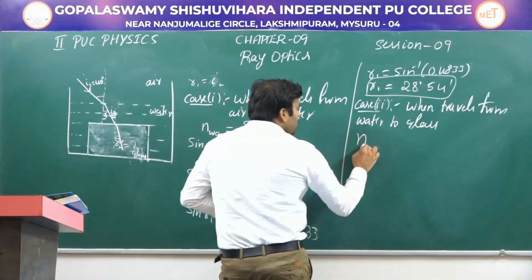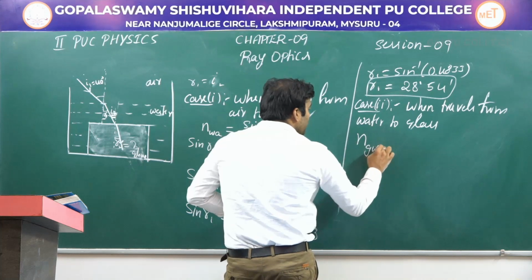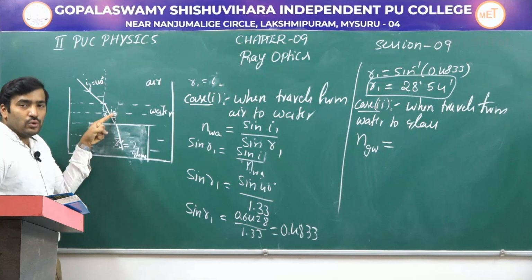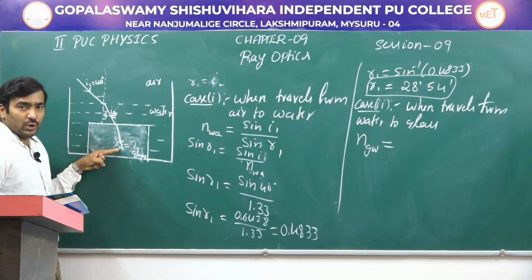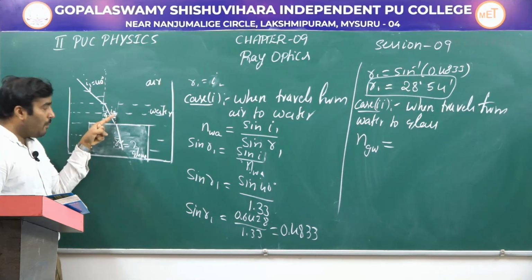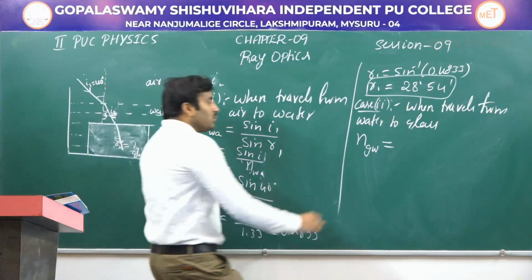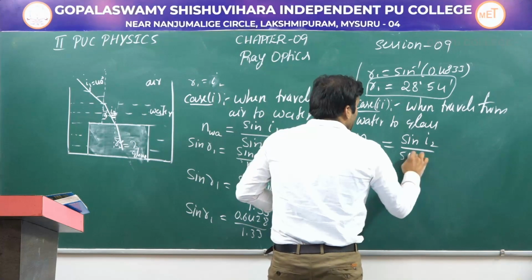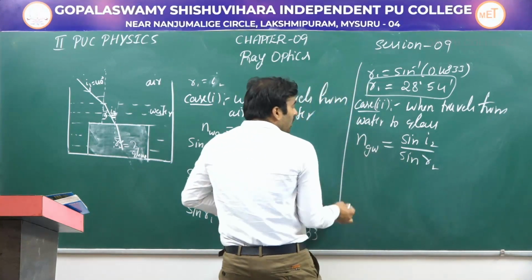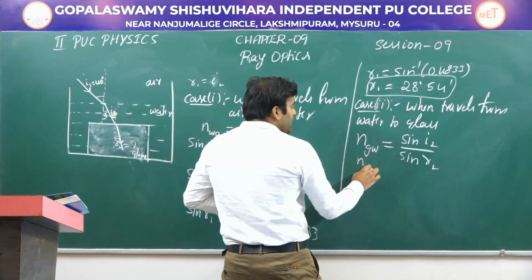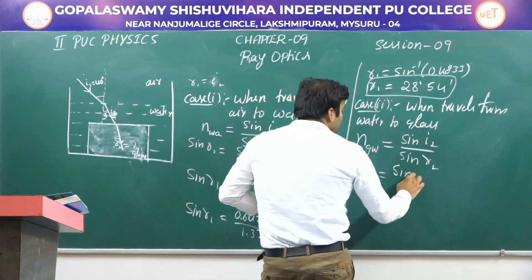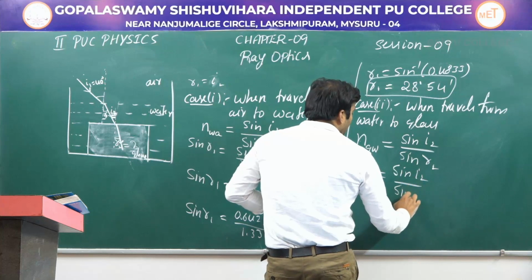So, refractive index of glass with respect to water is equal to sin I2 by sin R2, correct? Now, this NGW is written as NG by NW, which is equal to sin I2 by sin R2.